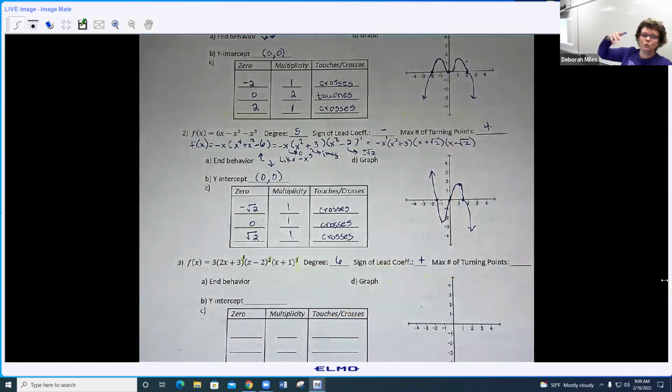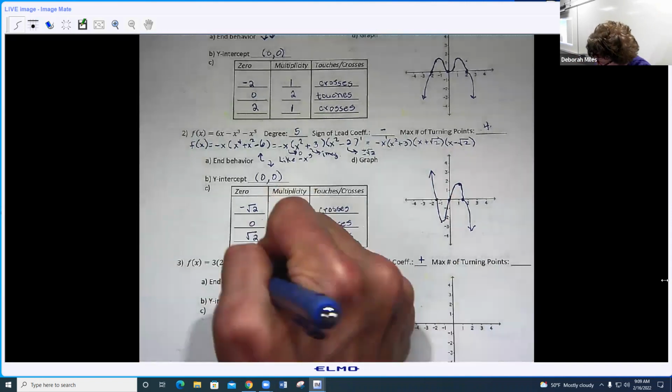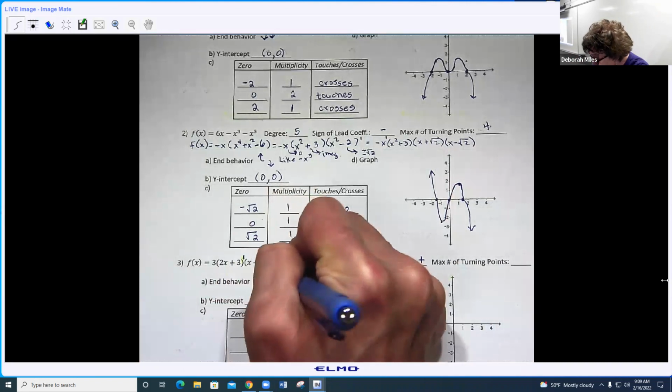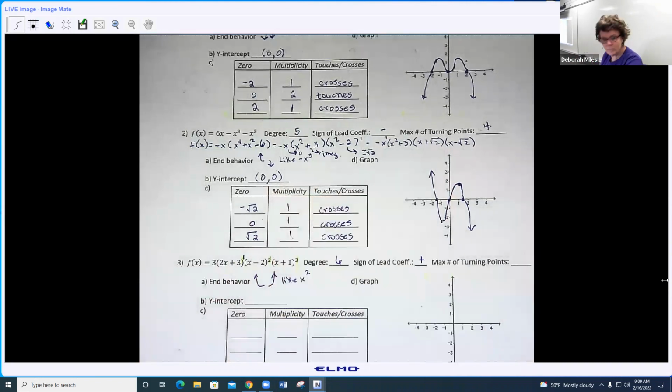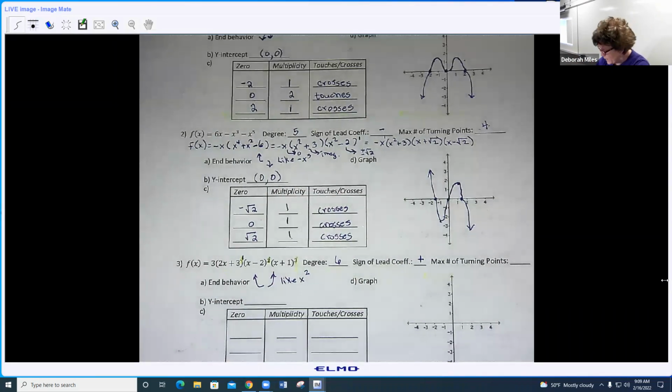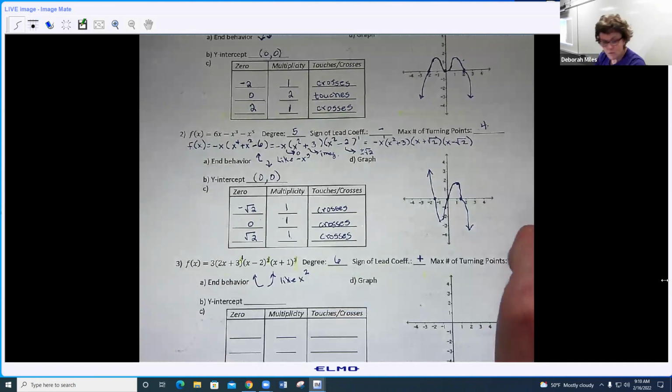It's going to look like which one of our 4 basic polynomials? It's going to look like x squared. It's going to go up on both ends. Even degree, positive coefficient goes up on both ends like x squared, with no more than how many turning points in the middle? 1 less than the degree would be 5.